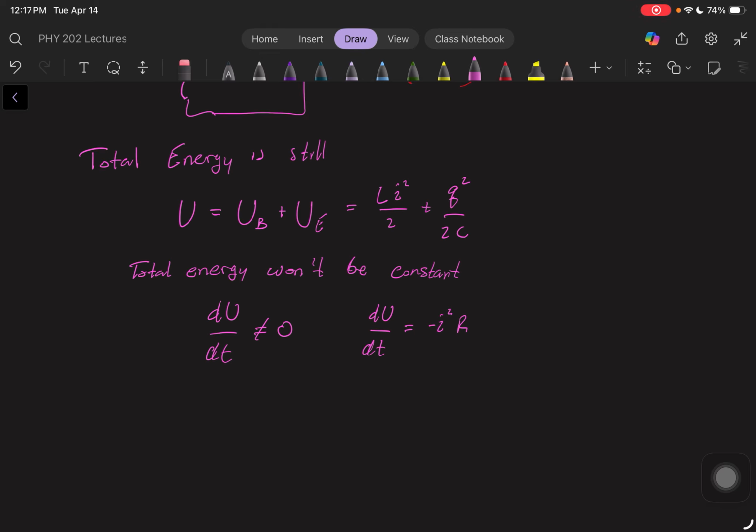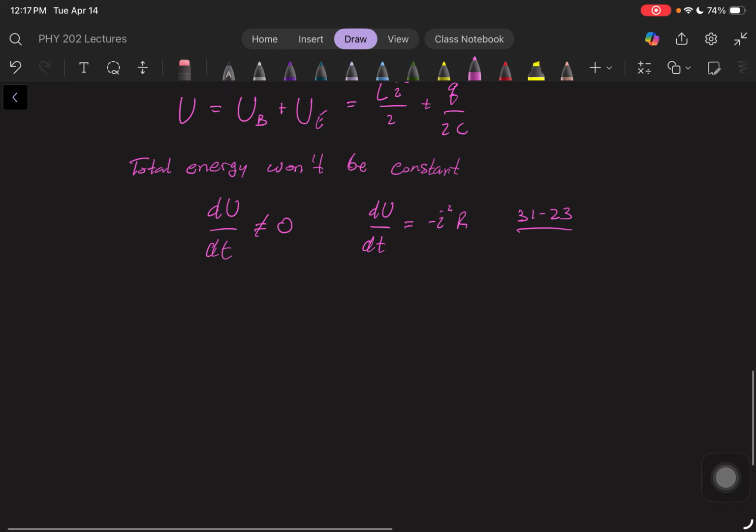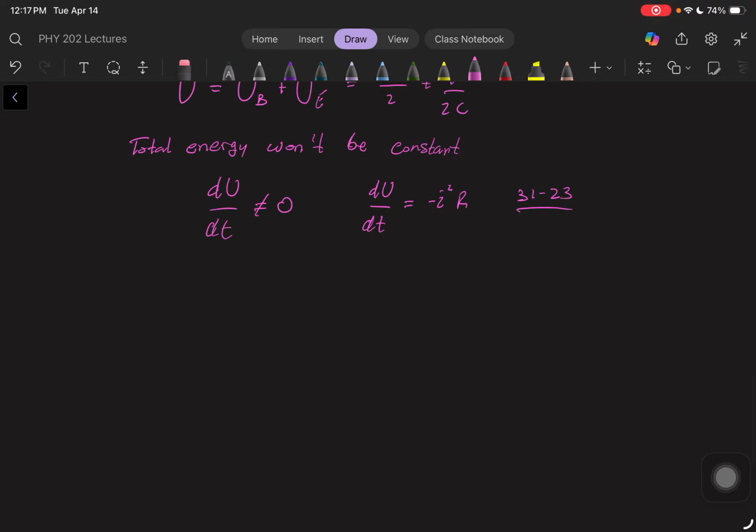And this is equation 3123, in case anyone's super interested. And then we'll note that the minus sign is there because we're decreasing energy in the system.